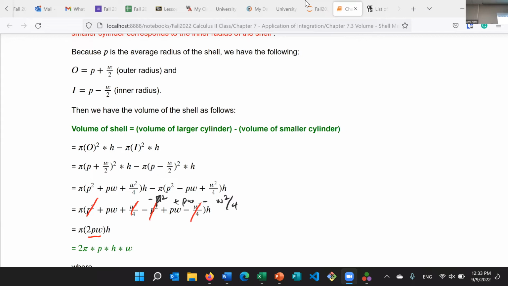The average radius times what? Height times what? Width. So that is the formula for the shell. If you want to find a volume, use your shell method, you use 2 pi what? P times what? H times W. Are you following me? Okay.